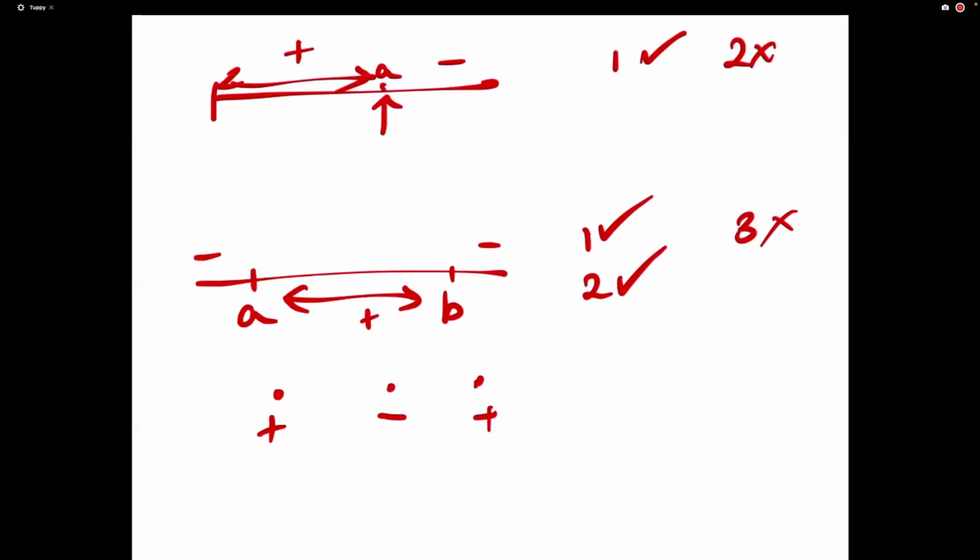Then we looked at linear classifiers in 2 dimensions, and any set of 1 point can be shattered. If it's a plus, I put a line on this side. If it's a minus, I just reverse the direction of the line. Any 2 points can be shattered because no matter how you label these as plus or minus, I can find a line that puts only the pluses on one side and the minuses on the other.